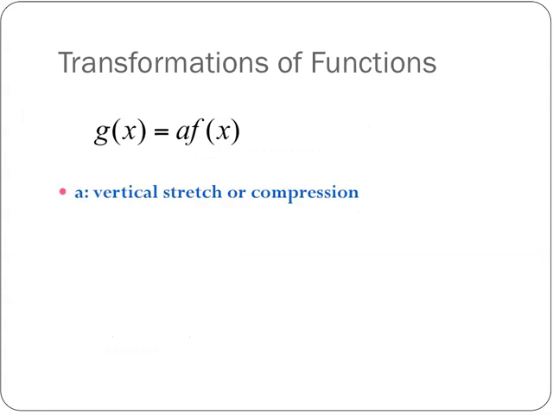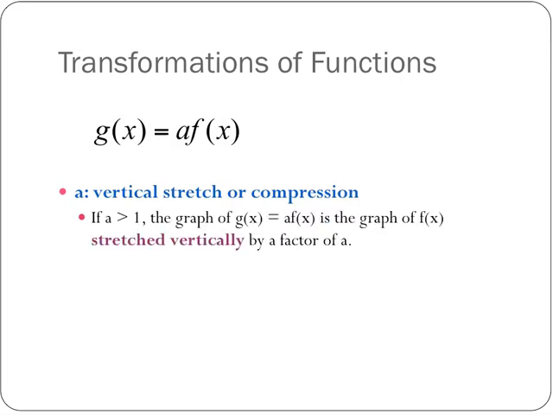The A value, which corresponds to vertical stretch or compression: if the A value is greater than 1, then your transformed function is going to be the graph of the parent function stretched vertically by a factor of A. For example, if A is equal to 3, then you know that the graph has been stretched vertically by a factor of 3.